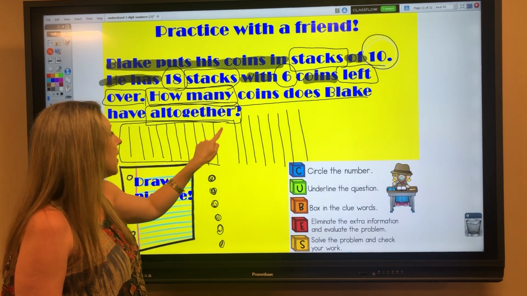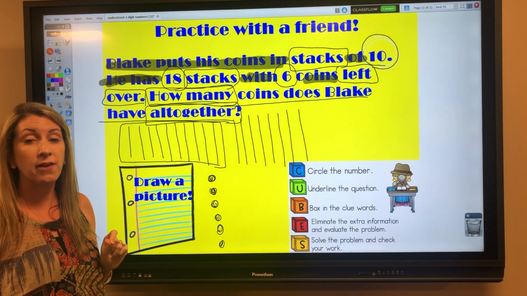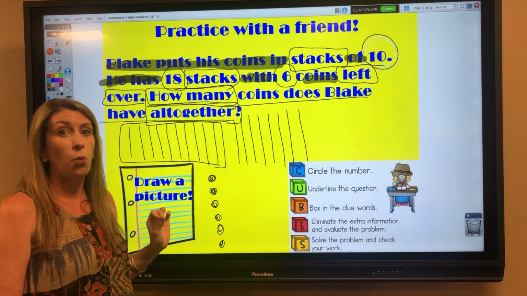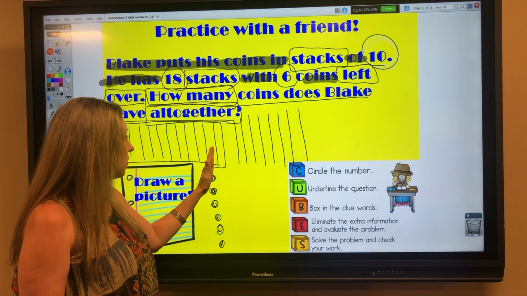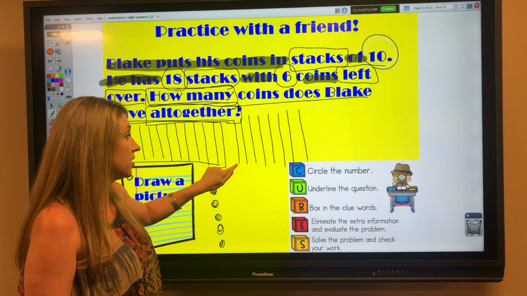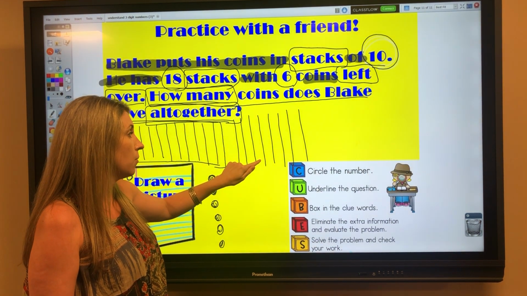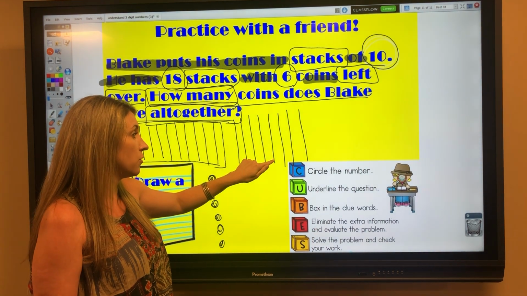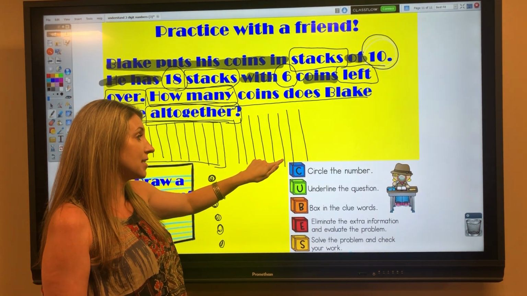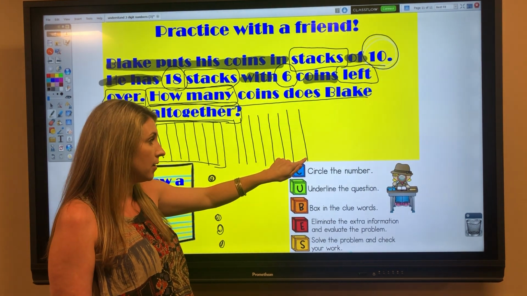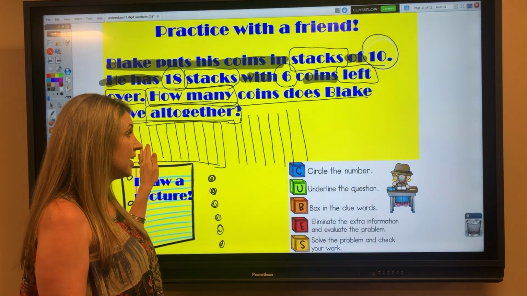Make sure you are making a 100 flat out of those 10 tens to show you 10 tens equals 100. So that's 100, 110, 120, 130, 140, 150, 160, 170, 180. So we have 180.